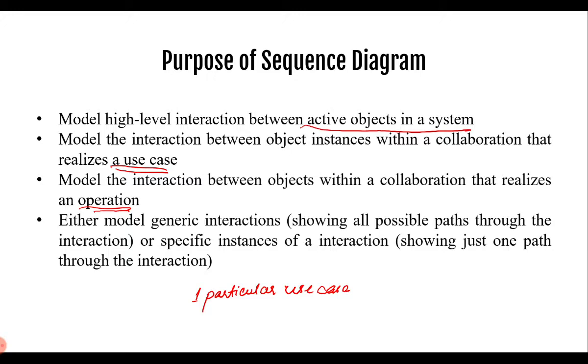That use case may be, let us say, pay, issue book, or return book, etc. However, it is not feasible and not practical to represent both of them in a single sequence diagram. So we have to be extremely careful while representing such a scenario.